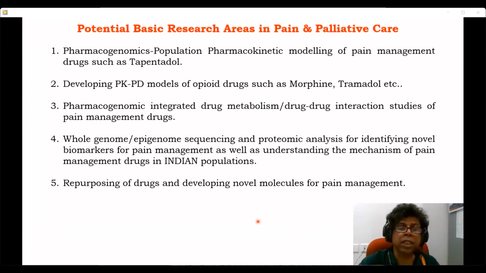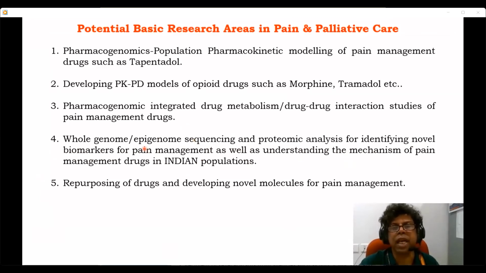And again, this is the most important one: whole genomic, epigenomic sequencing and proteomic or metabolomic sequences to identify novel biomarkers for pain management, as well as understanding the mechanism of pain management drugs in the Indian population. Remember, most of these drugs have had clinical trials or clinical research done in the Western population.